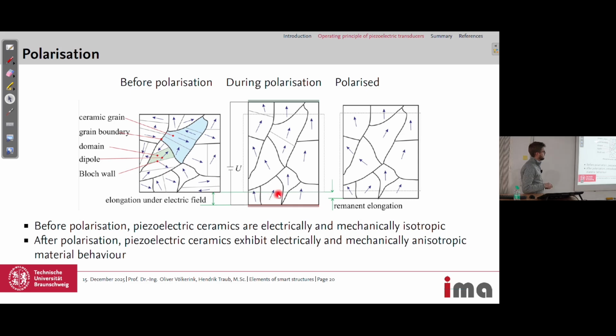And if we then remove the field again, it will deform a bit back, and we have a remanent elongation, which is still a bit elongated compared to the state before. And before polarization, the piezoelectric ceramics are electrically and mechanically isotropic, and after that we have an anisotropic material behavior.